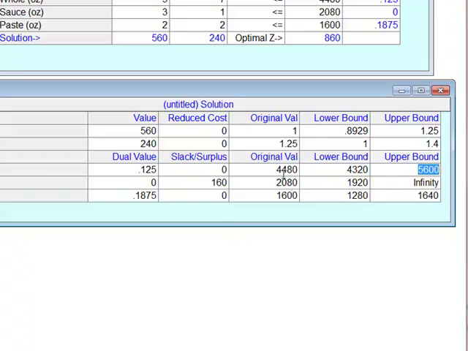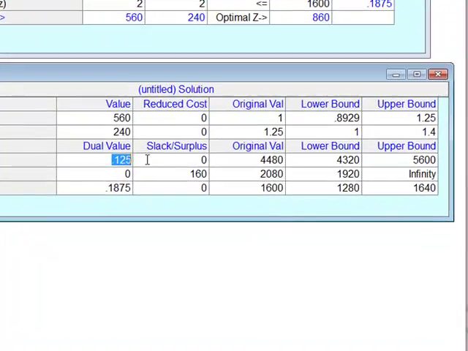For example, the original value, or the number of ounces of whole tomatoes that I have available when I go into production, is 4,480, but I can have up to 5,600 as my right hand side value for whole tomatoes, and my dual value would still be 12.5 cents.